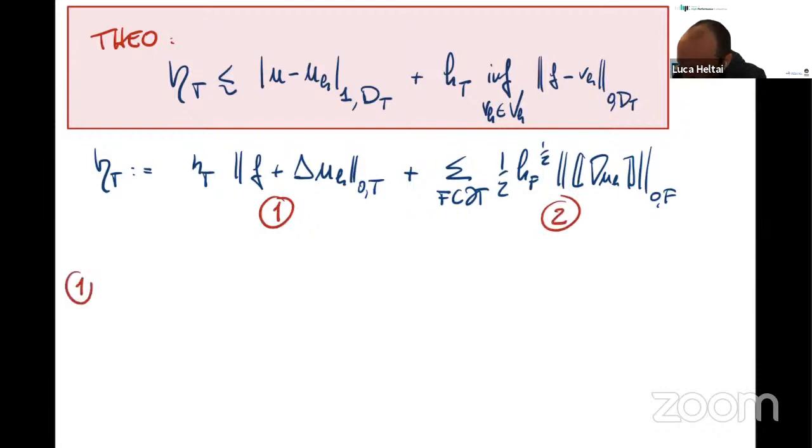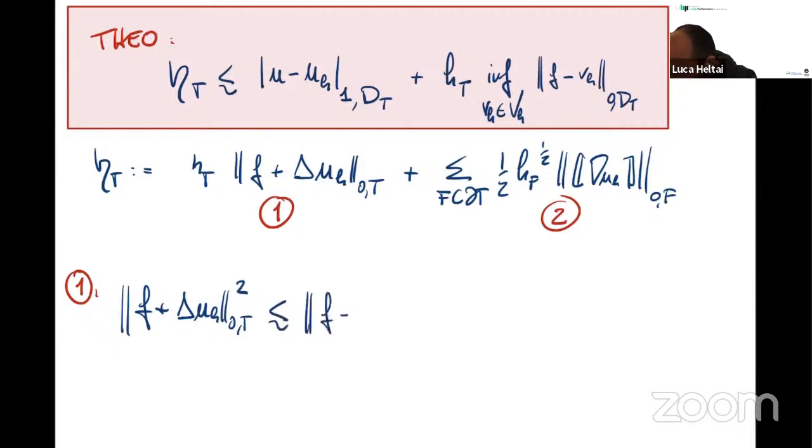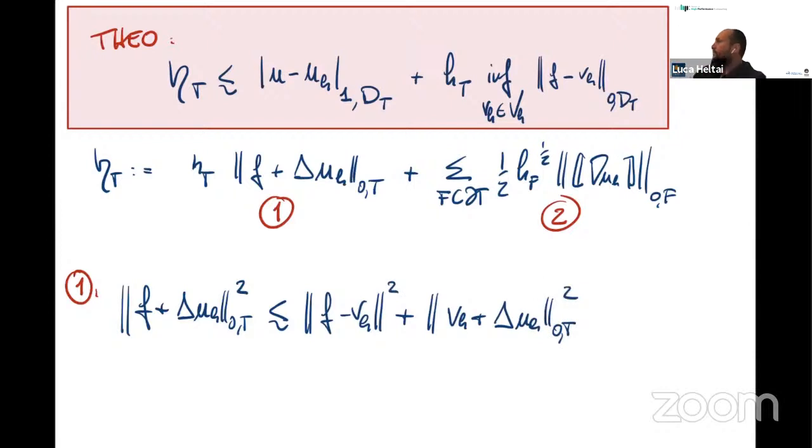So we start with part number one, and we observe first of all that if I take the norm of f plus Laplacian of u_h on T, I can use triangle inequality to actually show that for any arbitrary v_h, it is bounded by the norm of f minus v_h plus the norm of v_h plus Laplacian of u_h on T, this is valid.